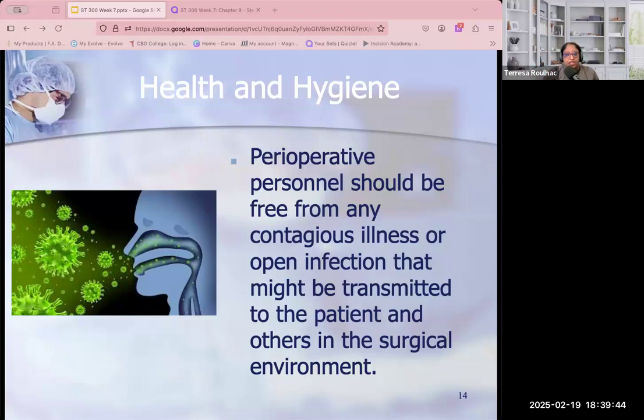I have had students when we were doing the lab who did a perfect hand scrub and failed the hand scrub. And one of the things, and I'm not even joking, one of the students, I was head down because I was rooting, but I'm like, ah.